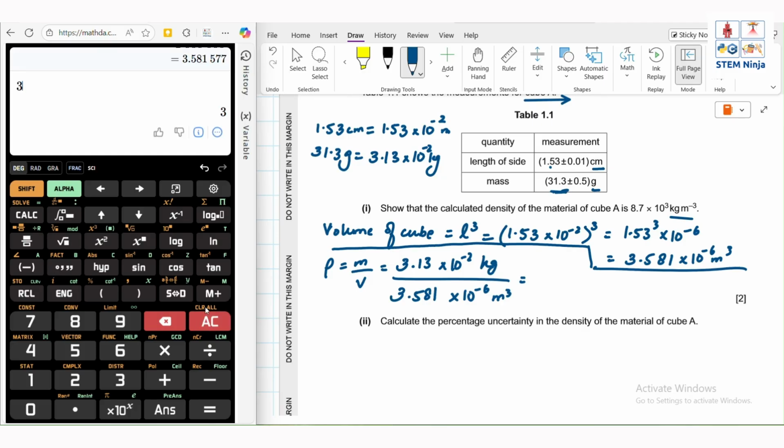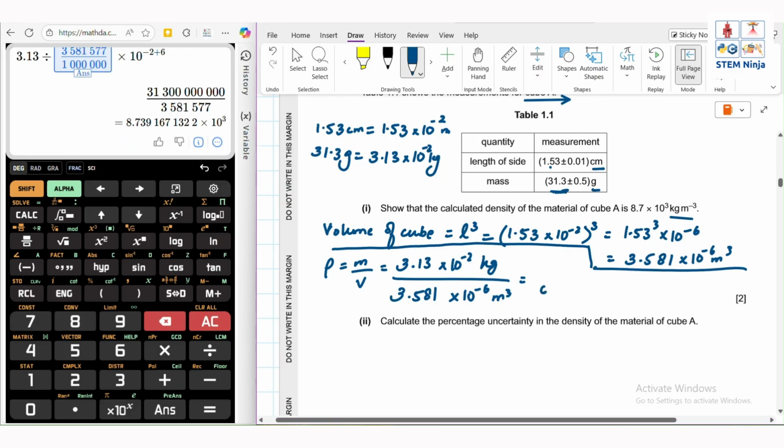So we have 3.13 divided by the answer value that we had, now multiplied by 10^(-2+6), we will get 8.739, and to two significant figures it would be 8.7 × 10^3 kilograms per meter cubed.